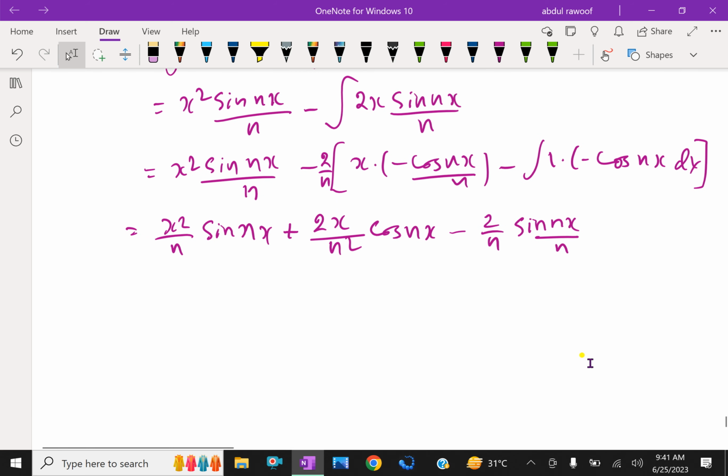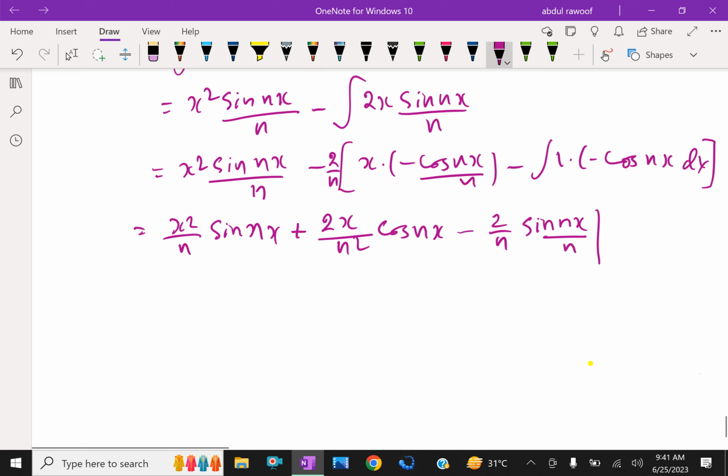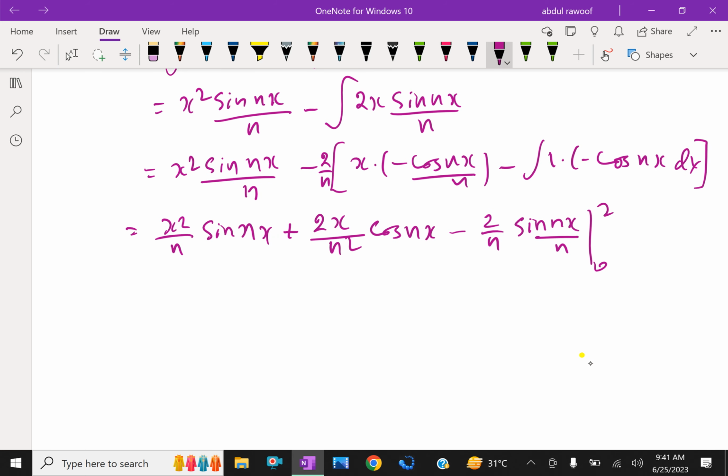Now we are giving the limits of 0 to 2π. The first part is 0 because here x is 0 and 2π, sin 2π is 0.